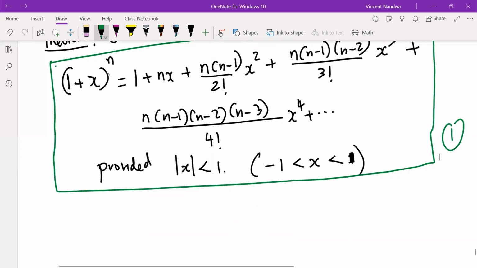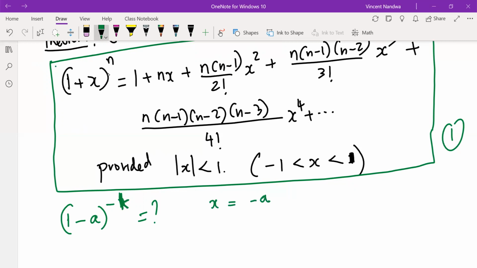So what if I have 1 minus a power negative, say k. We're just going to say where there's x in 1, you replace it by minus a, and where there's n, you replace it by minus k.